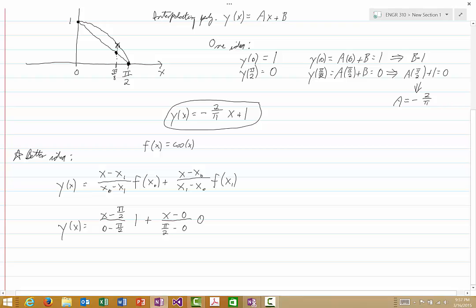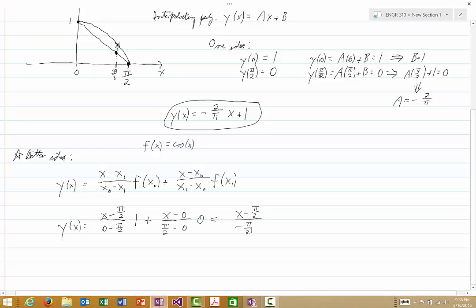And so if we now simplify this, we get x minus pi over 2 over minus pi over 2 and times 1.